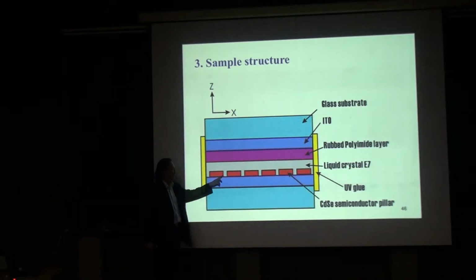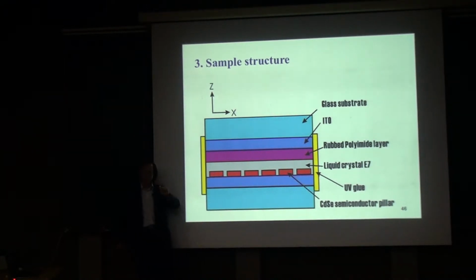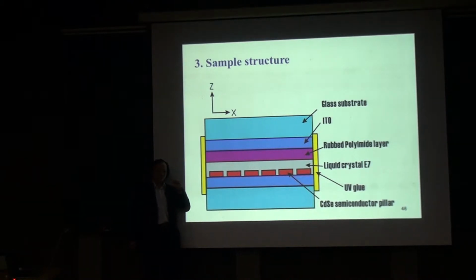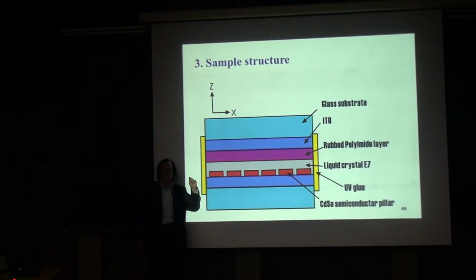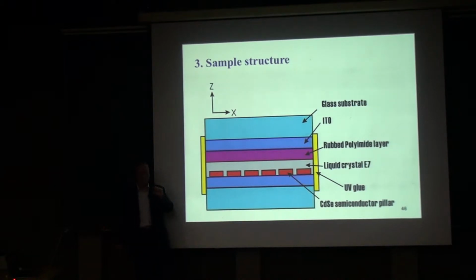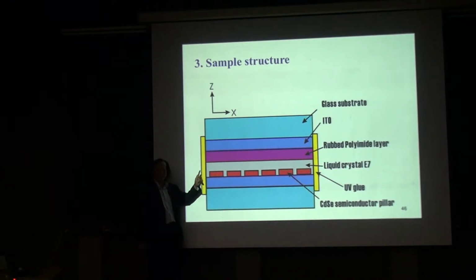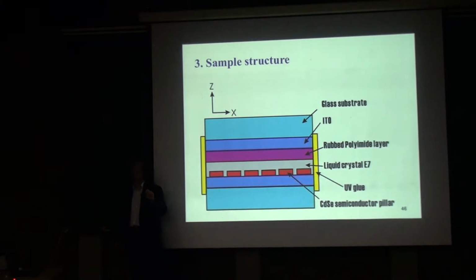We have a built-in solar cell. This solar cell is very simple because this is just a proof of concept experiment. So we use a very simple solar cell, the semiconductor and the metal. Okay, that's a Schottky barrier.